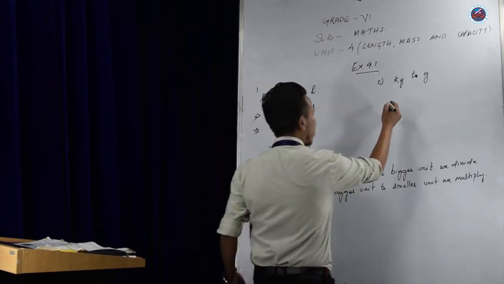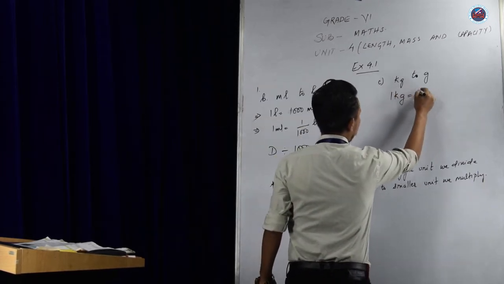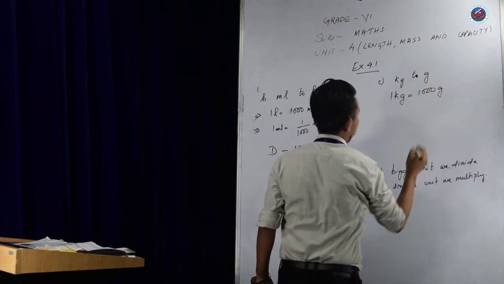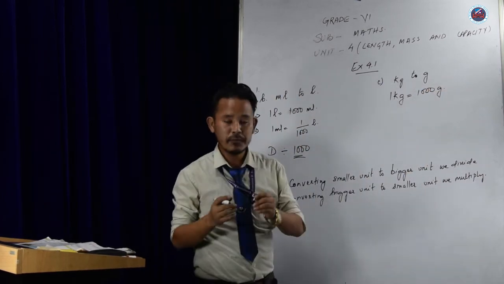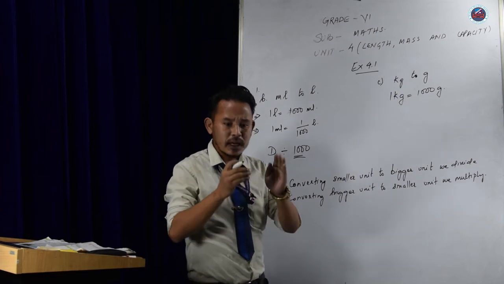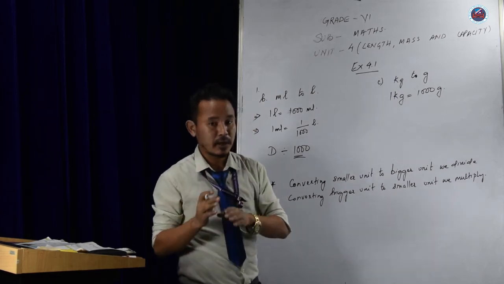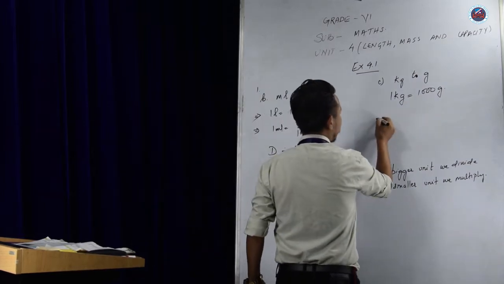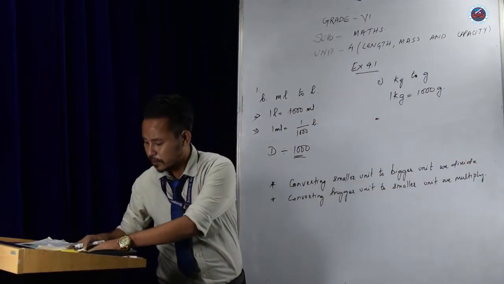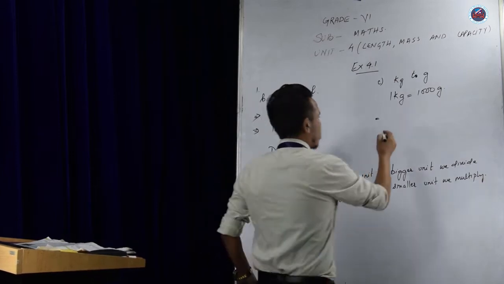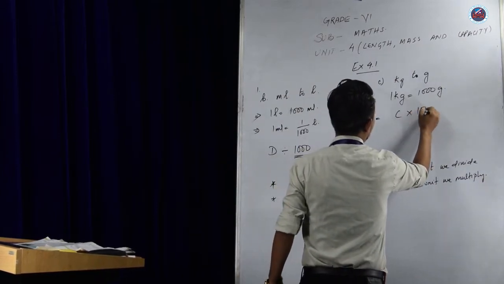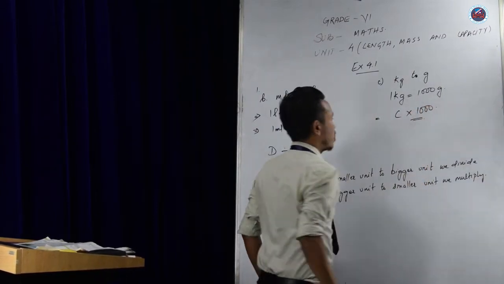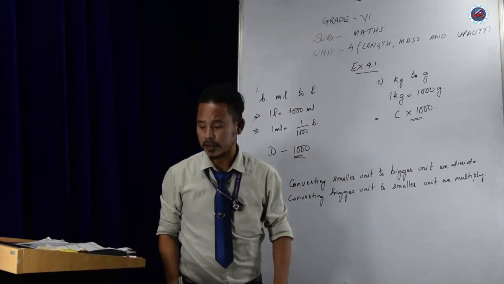We know in 1 kilogram there are 1000 grams, right? So what do we do when we convert from a bigger unit to a smaller unit? As I have mentioned earlier, we multiply. That means your correct answer will be C, into 1000.